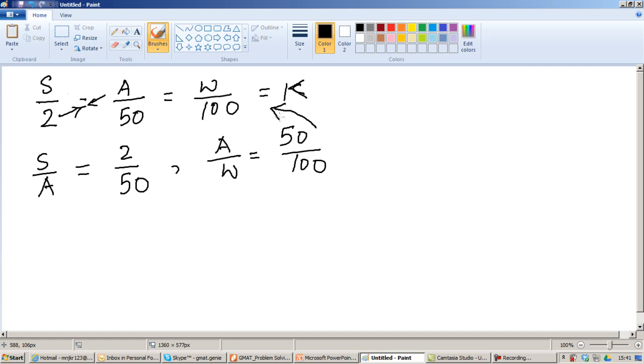Now it says the ratio of soap to water. If you look at expression 1, we can figure out the ratio of soap to water. We bring water to the left and take the 2 to the right, so basically cross multiply. So it becomes S by W equals 2 upon 100.